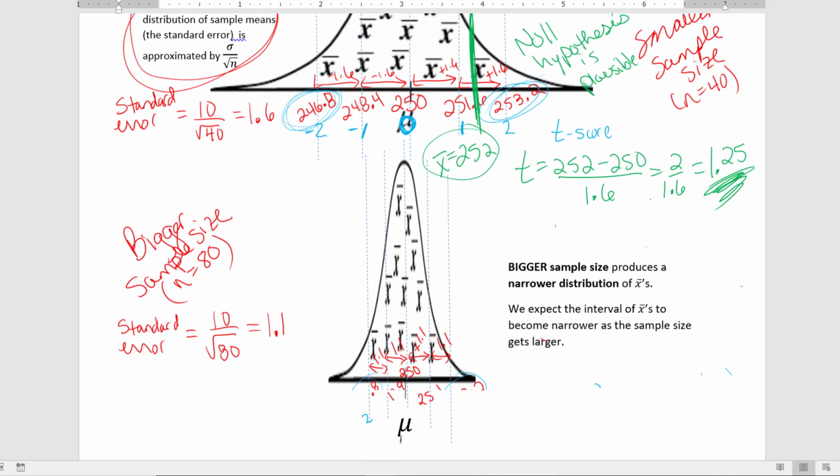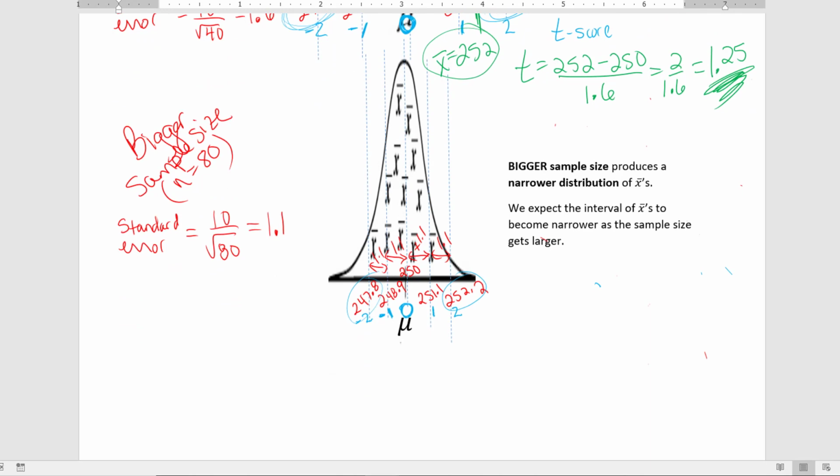In the bottom distribution, 252 is very, very close to this edge of normal, usual, and expected. It's almost touching that t-score of equaling 2. When we find the t-score for this value, it's going to be extremely close to 2.